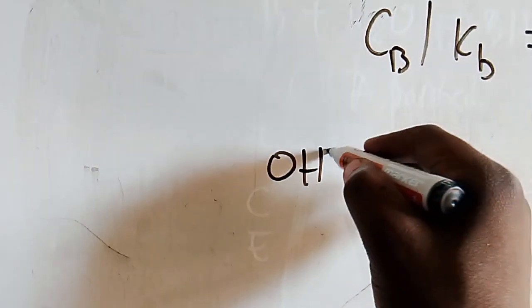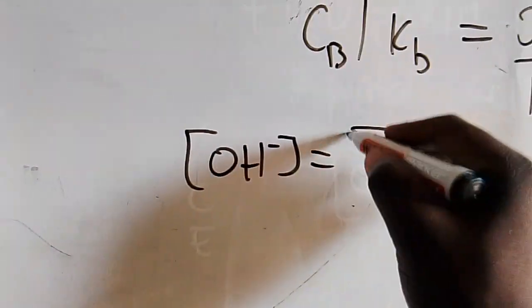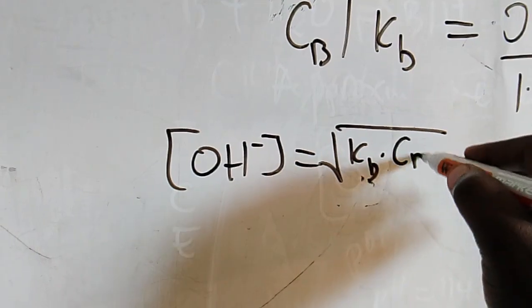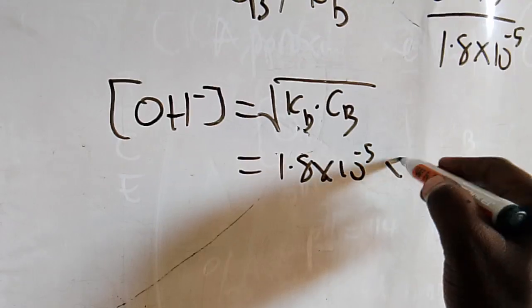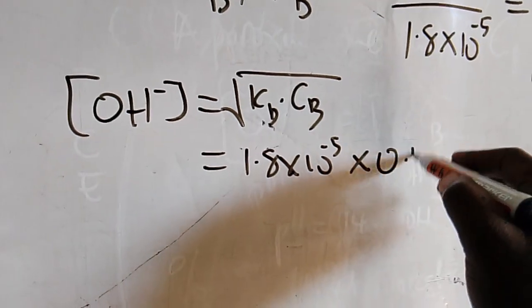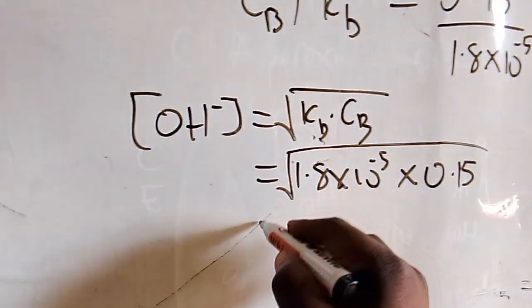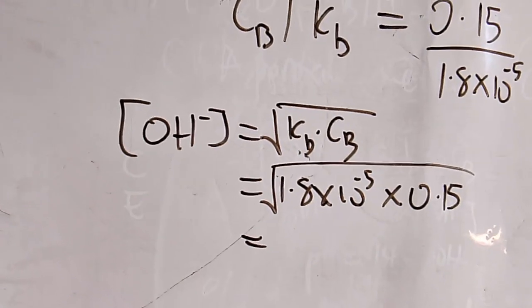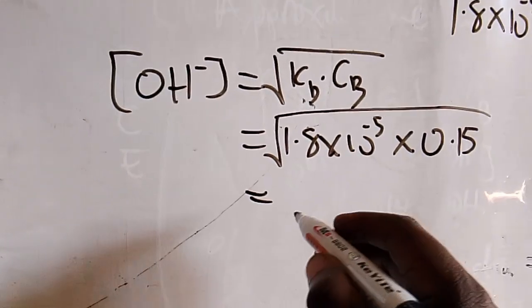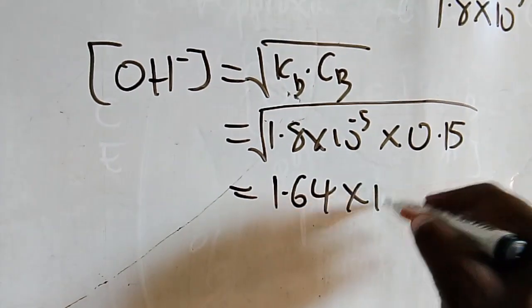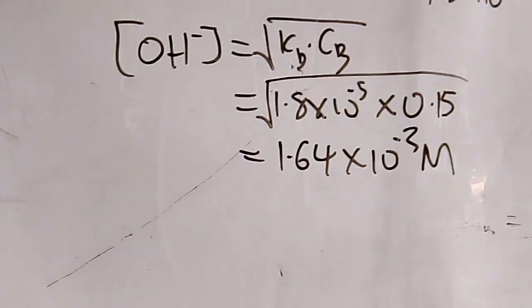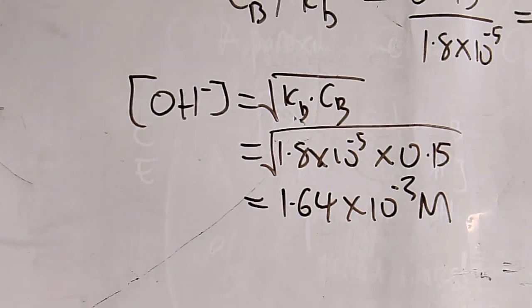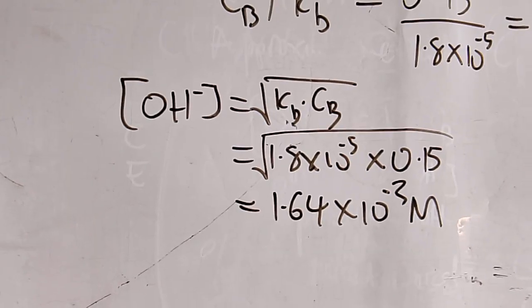Since it is valid, we can straight away calculate the OH concentration. OH concentration is equal to root of Kb times Cb, which is 1.8 times 10 to the power negative 5 times 0.15. The square root of that gives us 1.6 times 10 to the power negative 3 molar. This is our hydroxide ion concentration.